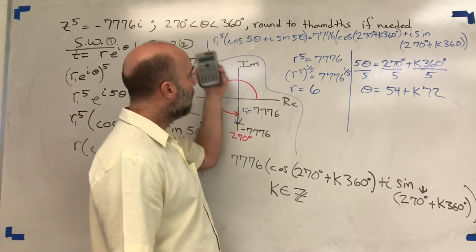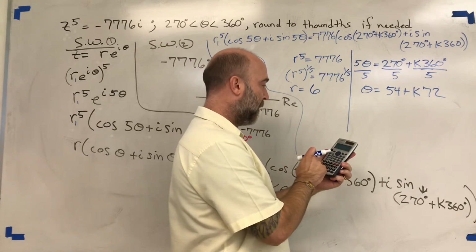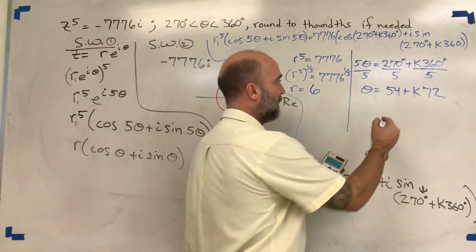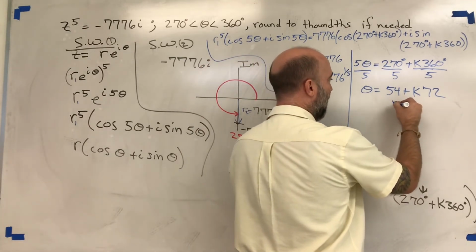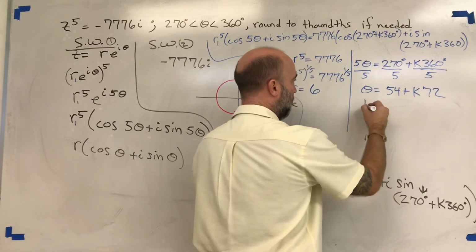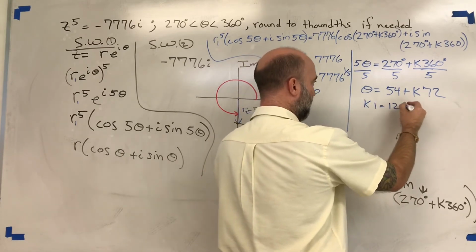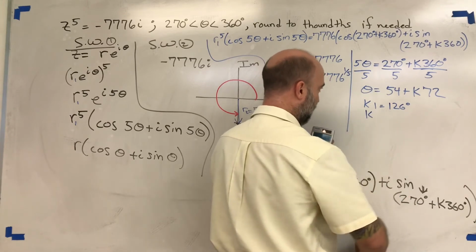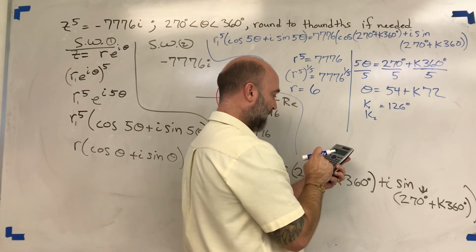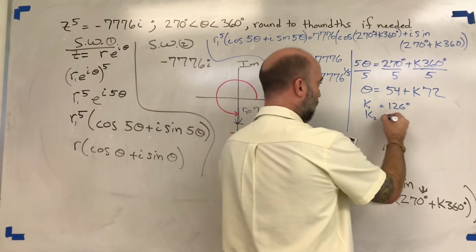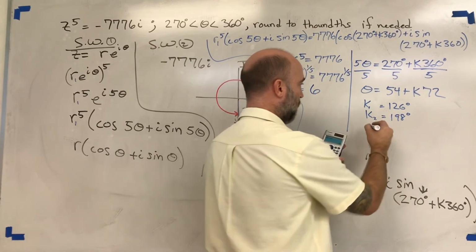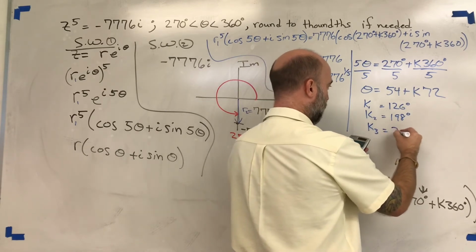All right. Now, I use kind of a guess and check method for finding out where this lands in between here. So I'll say 54 plus 72 equals 126. When k is 1, it equals 126 degrees. When k is 2, plus 72, 198 degrees, plus 72, 270 degrees.